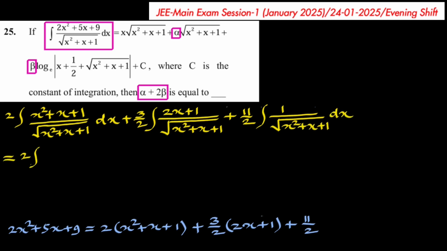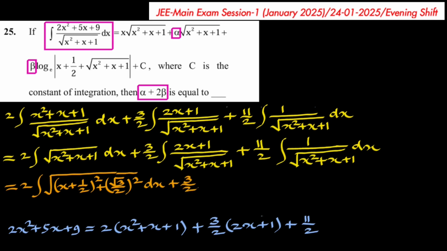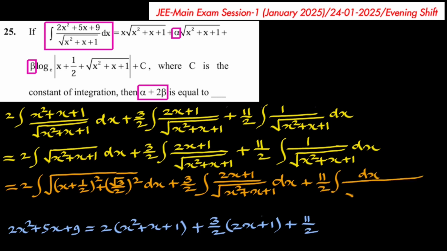This is 2 integral square root of x square plus x plus 1 dx plus the rest of the integrals remaining the same, which equals 2 integral square root of (x plus half) square plus (root 3 upon 2) square dx, plus 3 upon 2 integral, plus 11 upon 2 integral dx upon square root x square plus x plus 1.